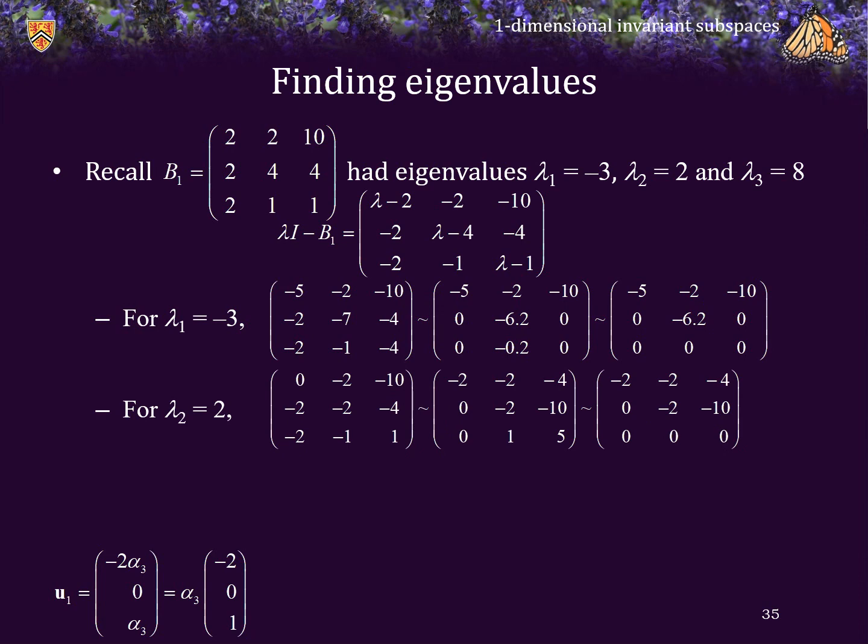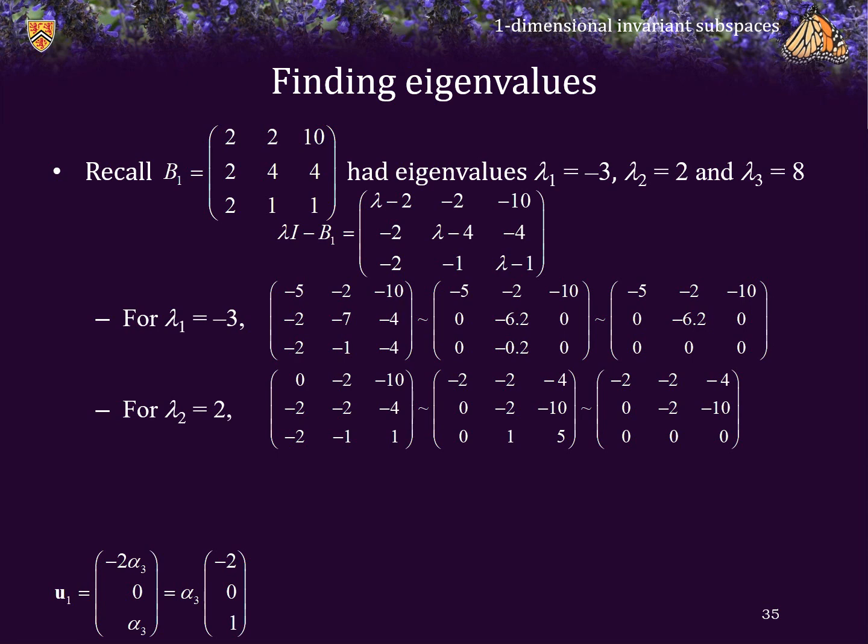For lambda equals 2, substituting it into the matrix, once again, now we actually have to do a row swap to bring a non-zero term into that top left-hand corner. And then we'll add an appropriate multiple of that row onto row 3 to zero out the first column. We can add half of row 2 onto row 3 to eliminate those entries.